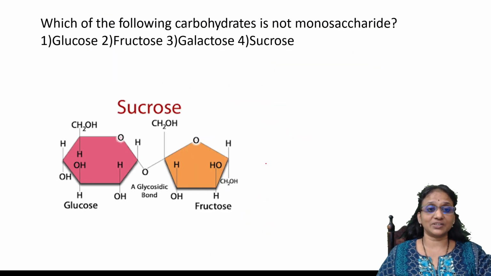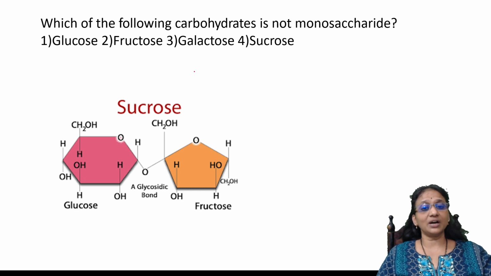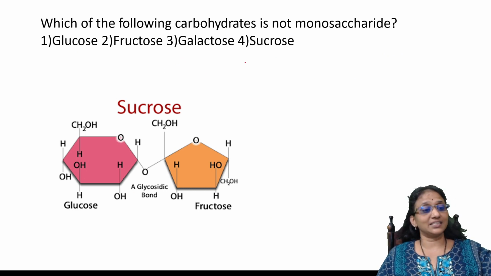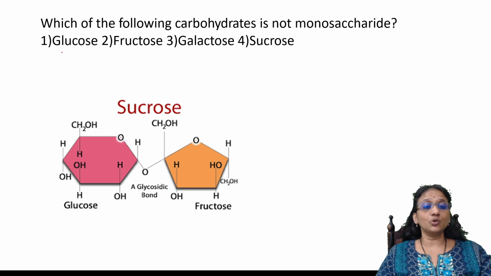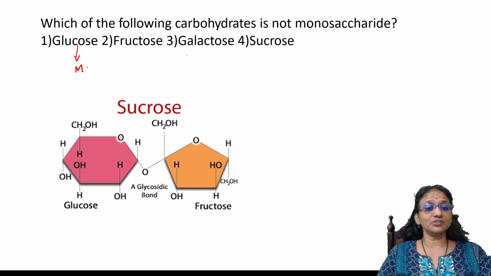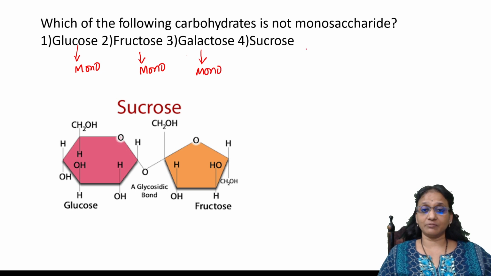Next question, that's great. Which of the following carbohydrates is not a monosaccharide? Yes, students. Remember, we very well know glucose, fructose, and galactose are all monosaccharides because they cannot be further hydrolyzed into units. But when it comes to sucrose, it is a disaccharide.